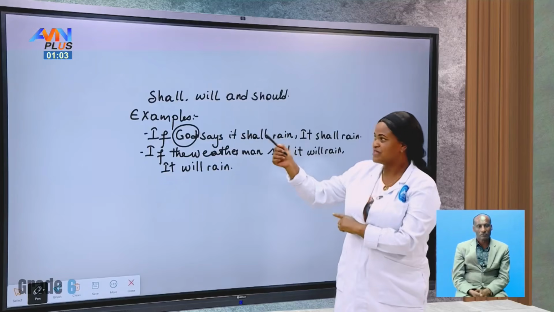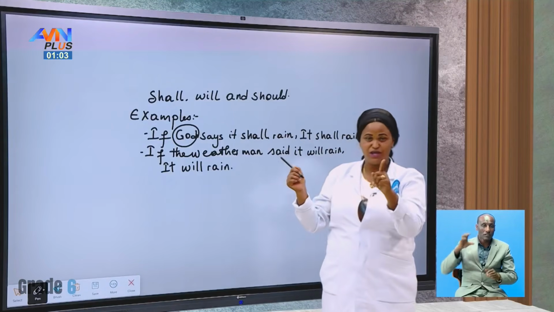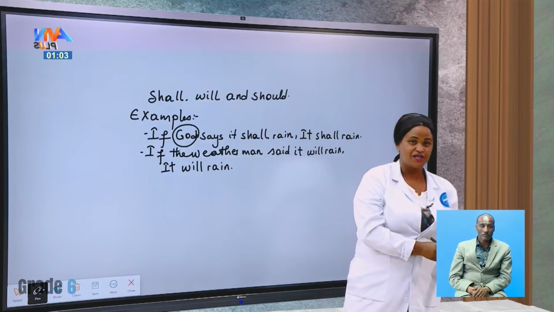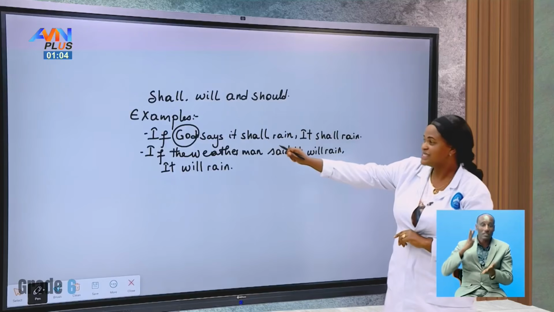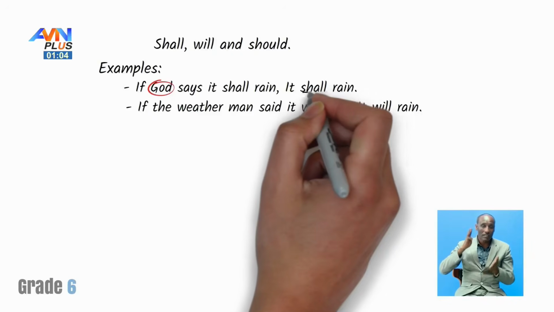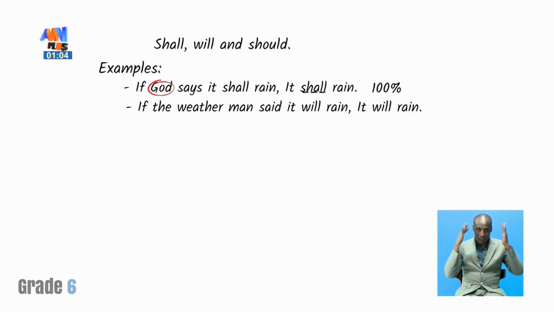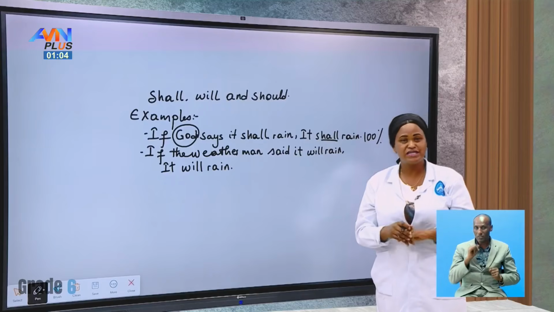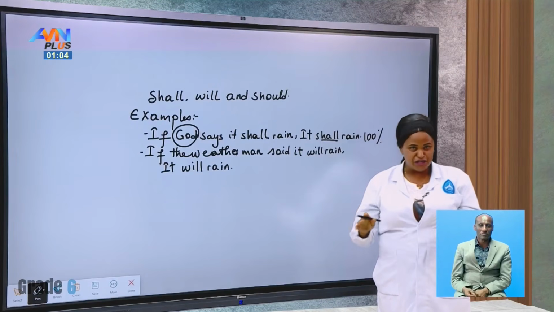Earlier, before these modal auxiliaries, we were talking about the other auxiliaries with a possibility of 50% and less, right? But in these ones, look, if God says it shall rain, it means the possibility rate is 100%. So if you are expressing a possibility using shall, that means you are definitely sure.